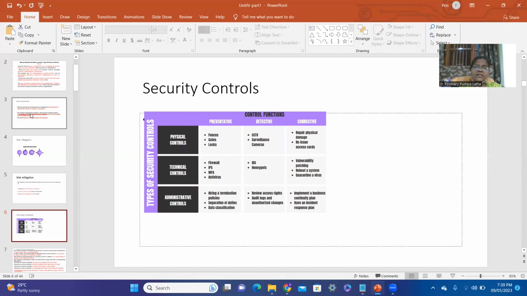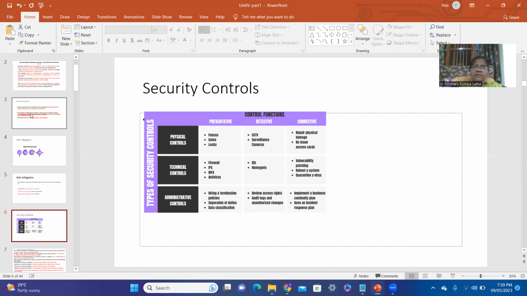For technical controls, you can use firewalls and antivirus. For administrative controls, we can use policies and separation of duties. When you separate the duties, people will not intervene in other things.